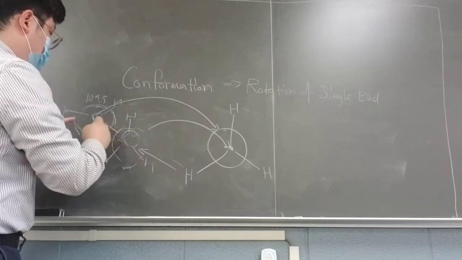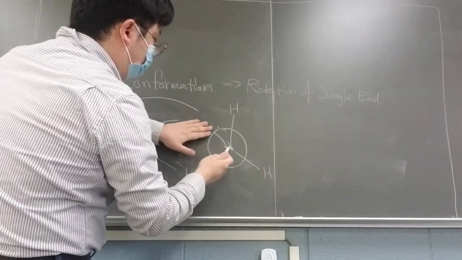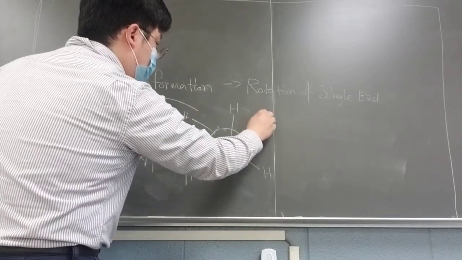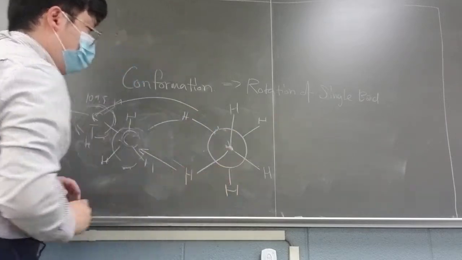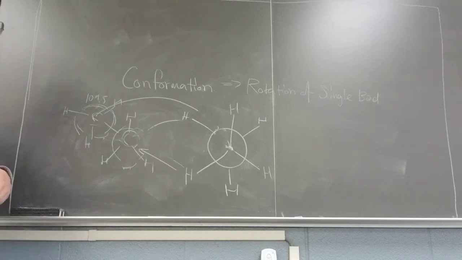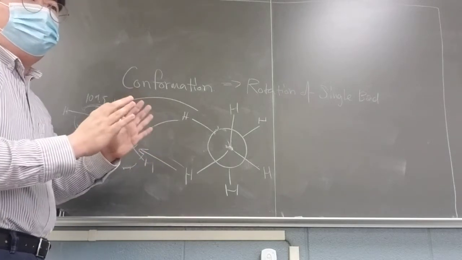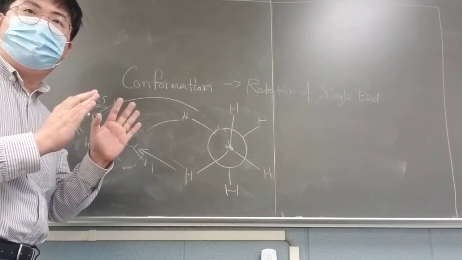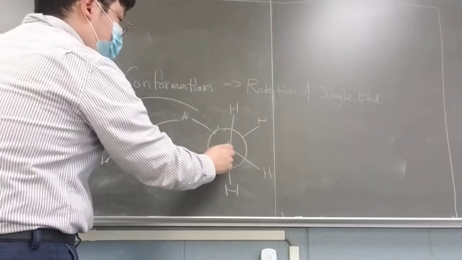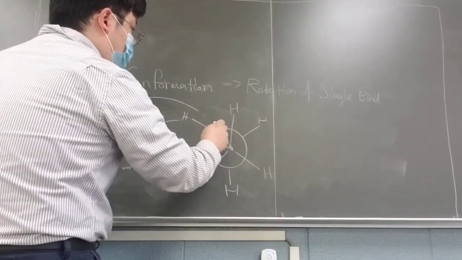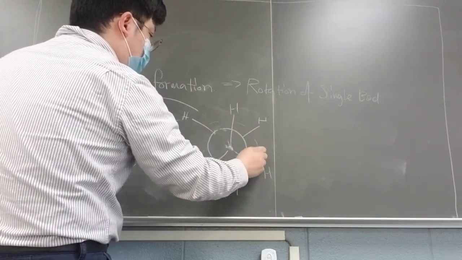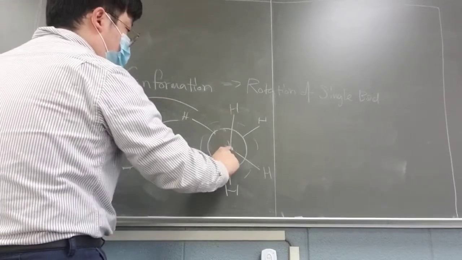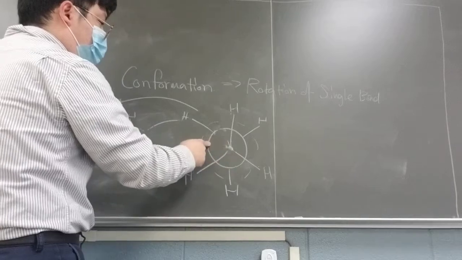Okay, so in that case, you have this one, and this one, and this one. Do you see what I'm drawing here? Okay, good. So this is the front carbon here. There are certain angles between the carbon-hydrogen bonds from the front carbon and the carbon on the back.